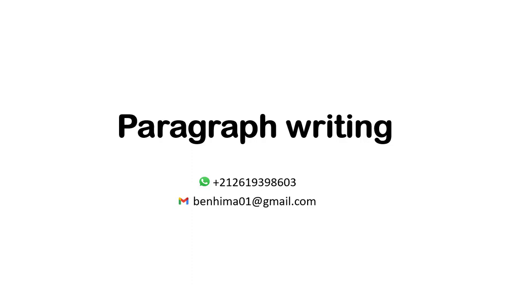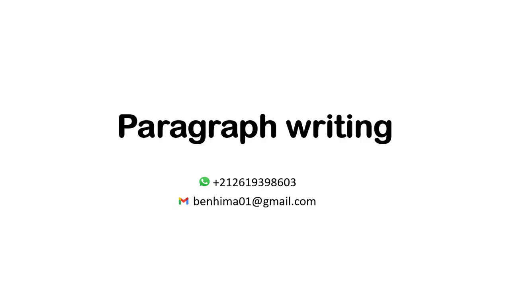And the main objectives are to learn the basic components of a paragraph and to be familiar with all or almost all the main mechanics involved in writing and composing such pieces of writing.